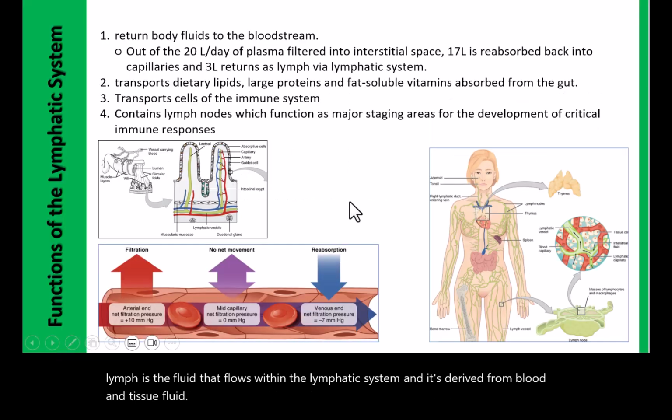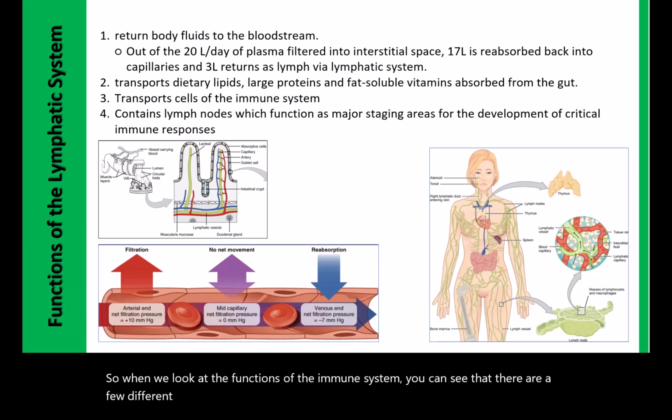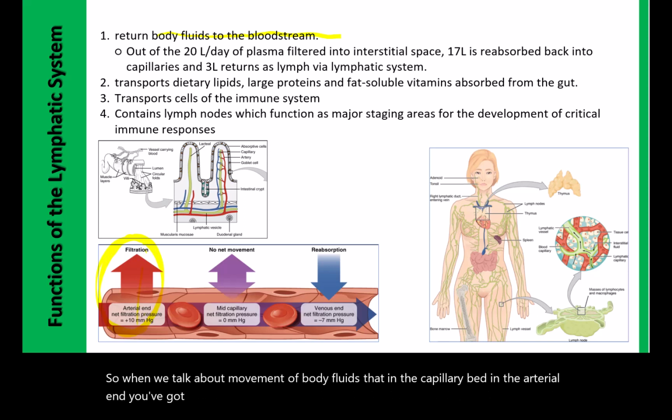When we look at the functions of the lymphatic system, there are a few different functions. The first one is that it returns excess body fluids back to the bloodstream. In the capillary bed, at the arterial end, you've got a net movement of fluid out of the capillaries into the interstitial space.